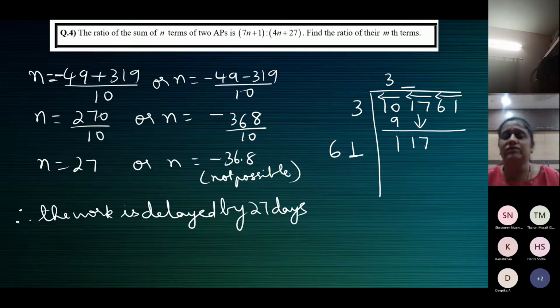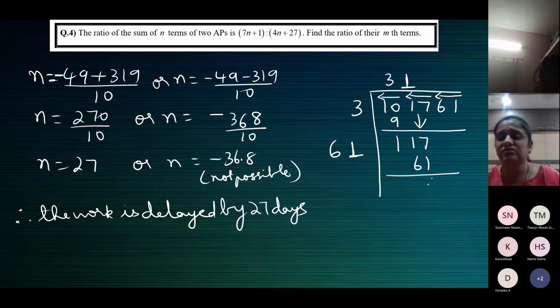So it will be 61 ones are 61. You must place 1 and 1 here, because if you write 2, it will be 62 into 2, which is more than 117. So it is 1. So 61 into 1 is 61.